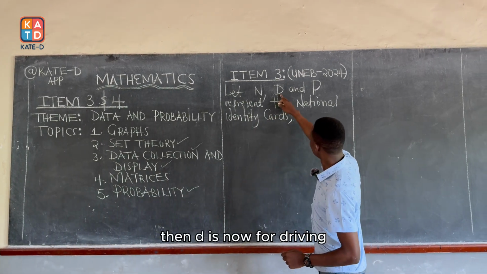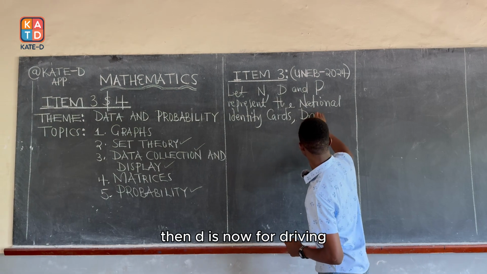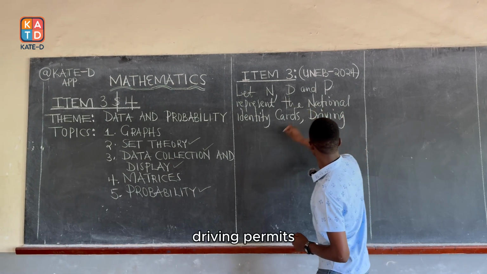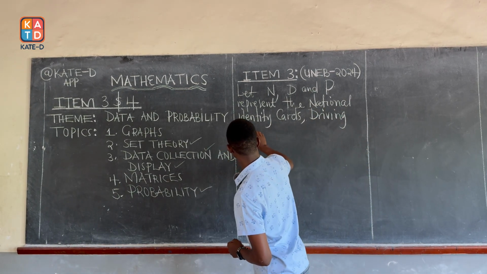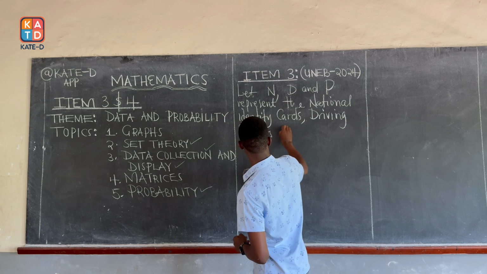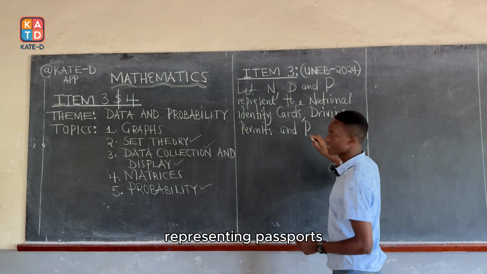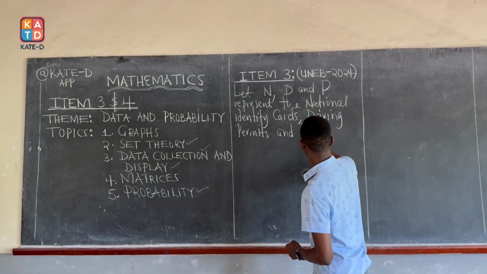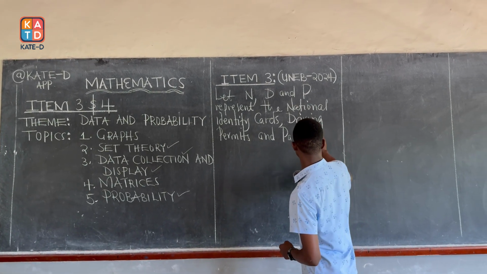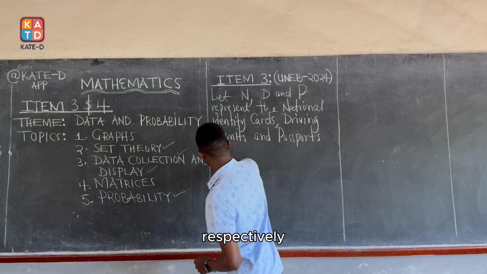Then D is for driving permits, and P representing passports, respectively.